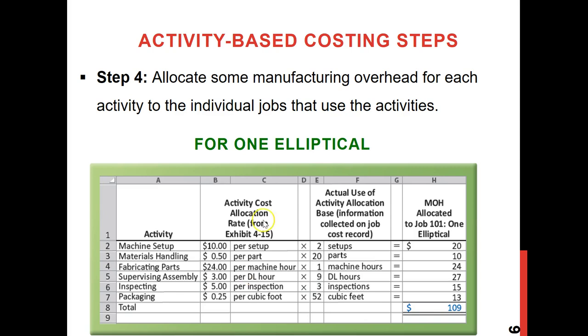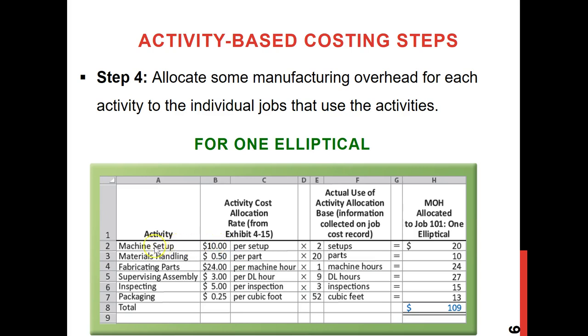For example, to produce one elliptical, the company requires 2 setups, 20 parts, 1 machine hour, 9 direct labor hours, 3 inspections, and 52 cubic feet of packaging material. And we know all those predetermined rates.